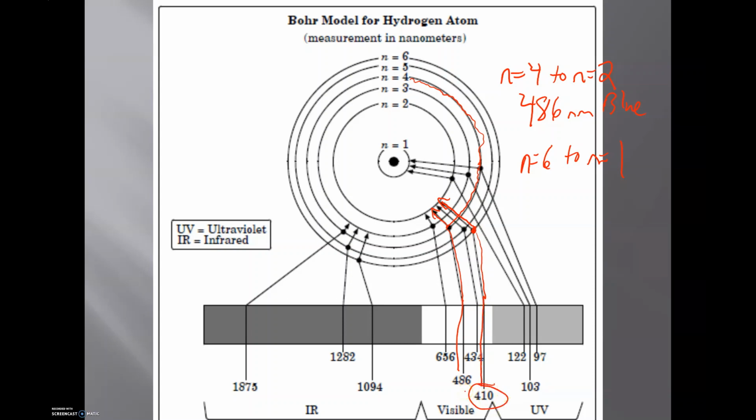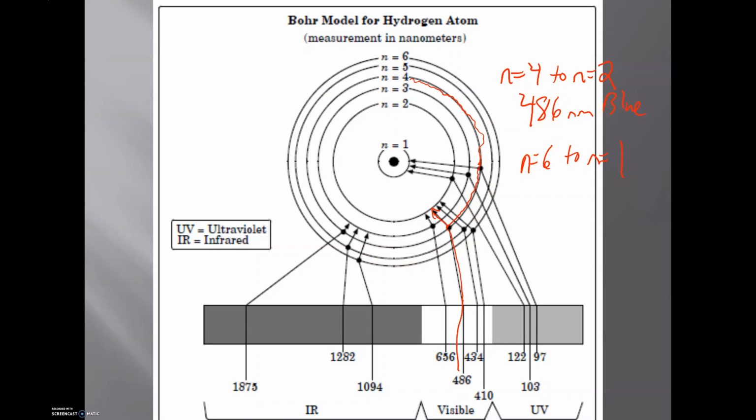We get 410 nanometers for that transition. Actually, I lied. I chose the wrong one. So let's come around. What do we have from 6 to 1? I don't think we have 6 to 1. But you know what? We can calculate it.